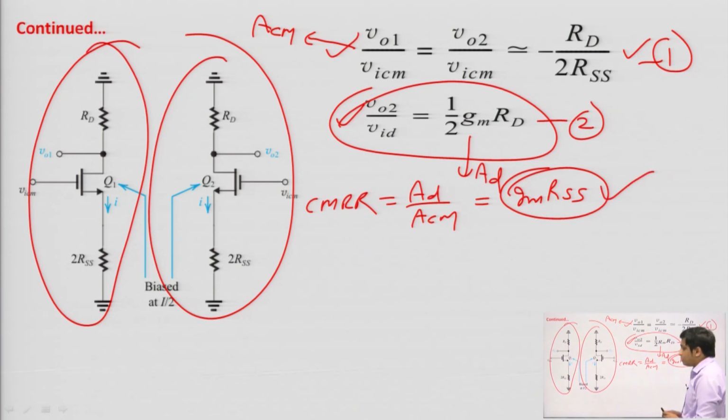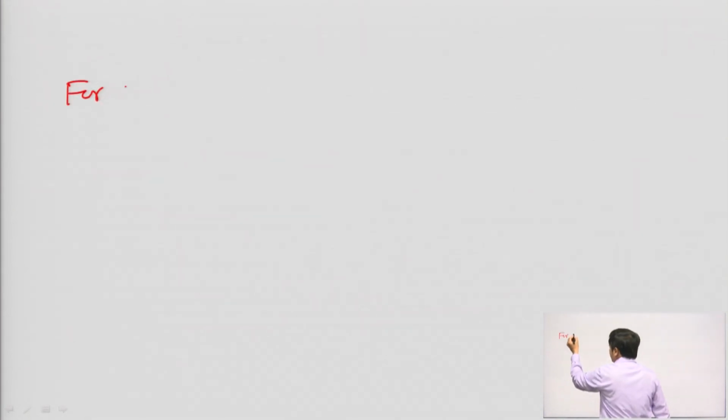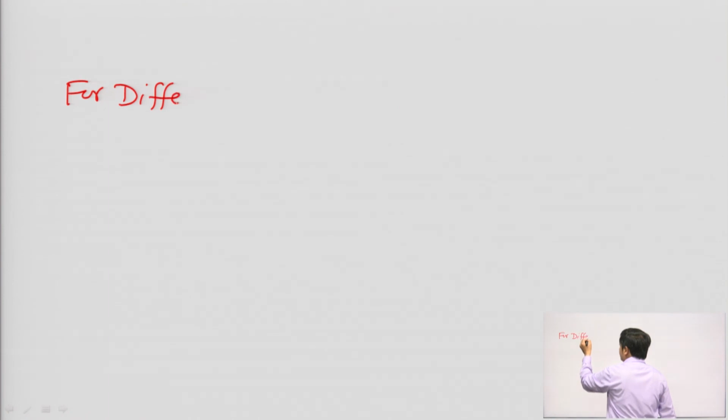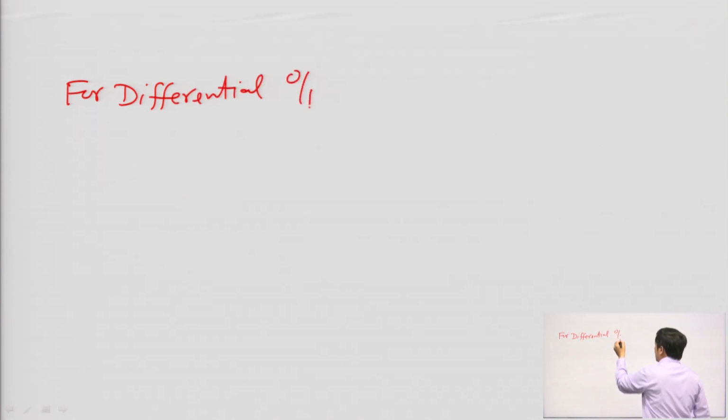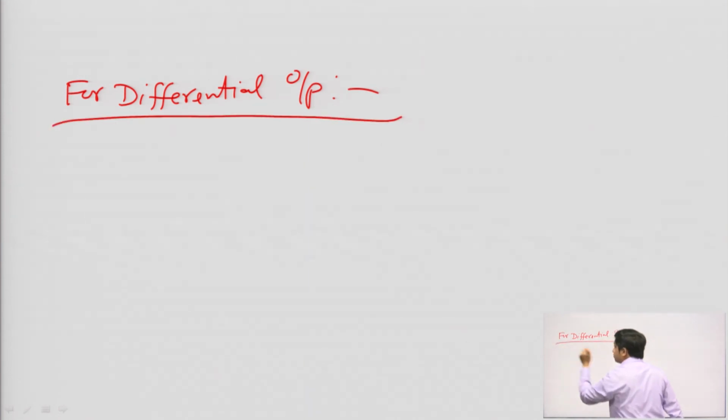This is the value of CMRR for single ended output, but if we are considering the differential output, what will be the CMRR? Differential output means we are taking the output between the drains of the two transistors.